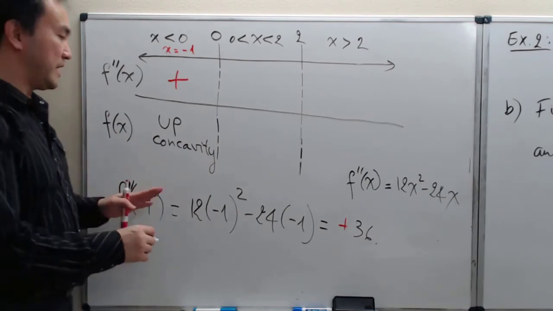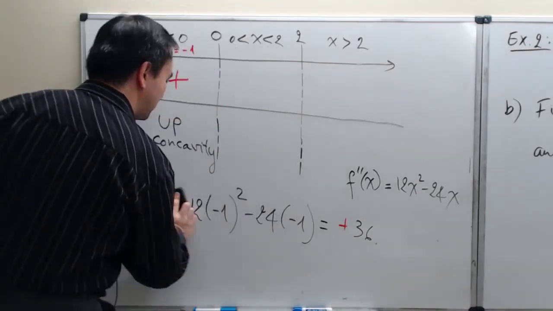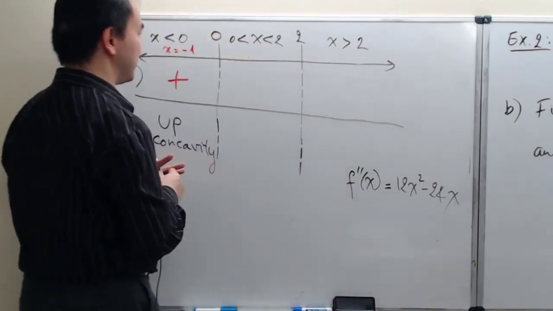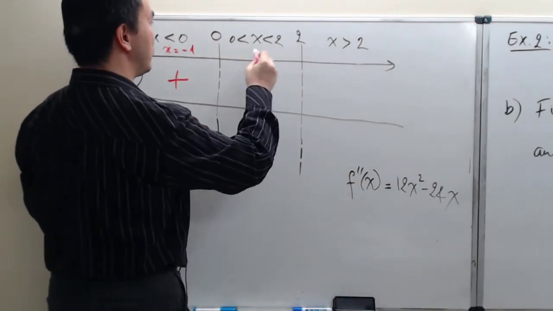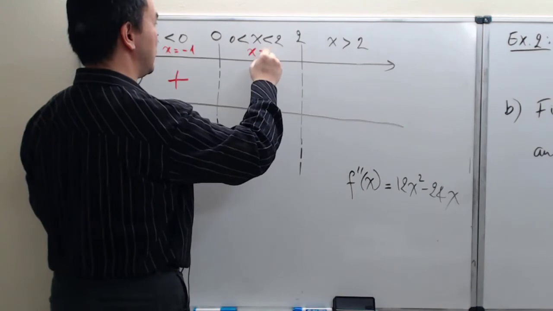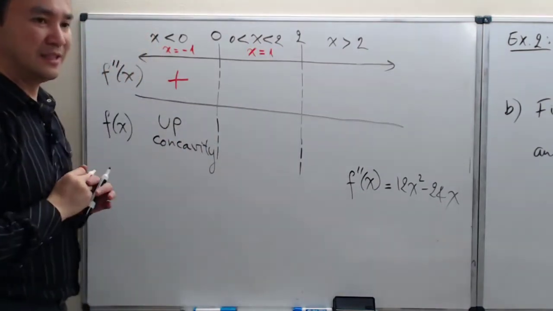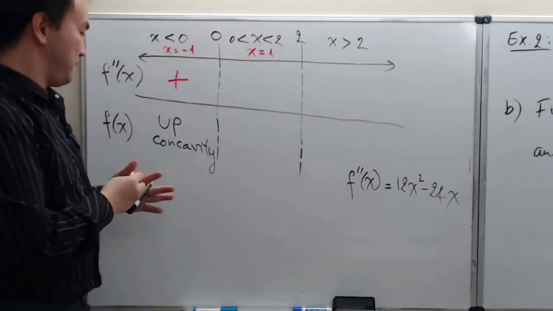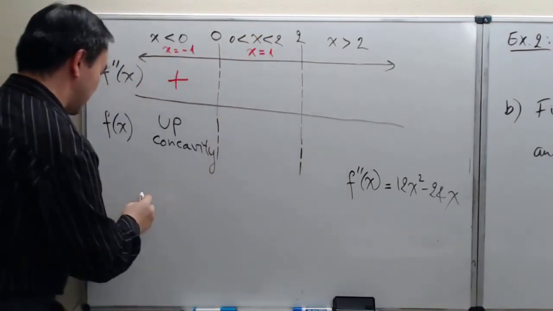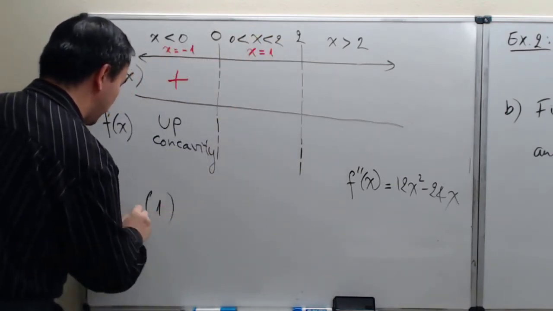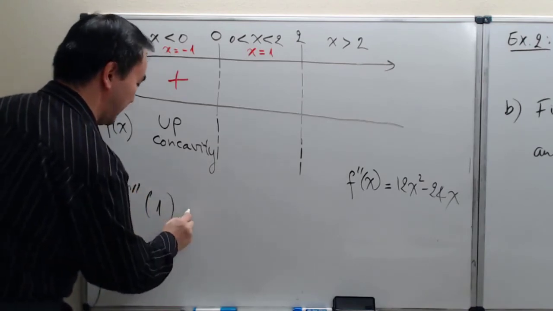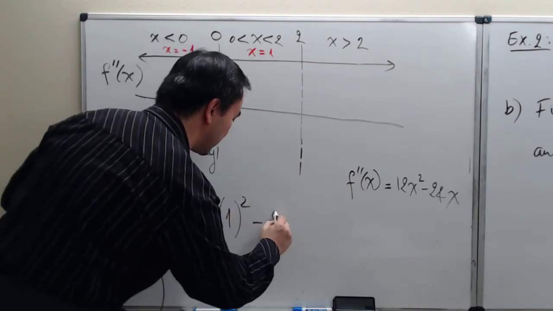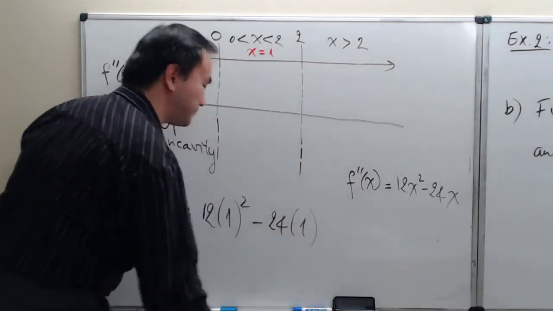And now for the other interval, the same second derivative, but in this interval, let's say I'm going to choose x equals 1, for example. So x equals 1 is clearly inside of this interval. Now I'm going to substitute 1 into our second derivative, and that gives me 12 times 1 all squared minus 24 times 1.